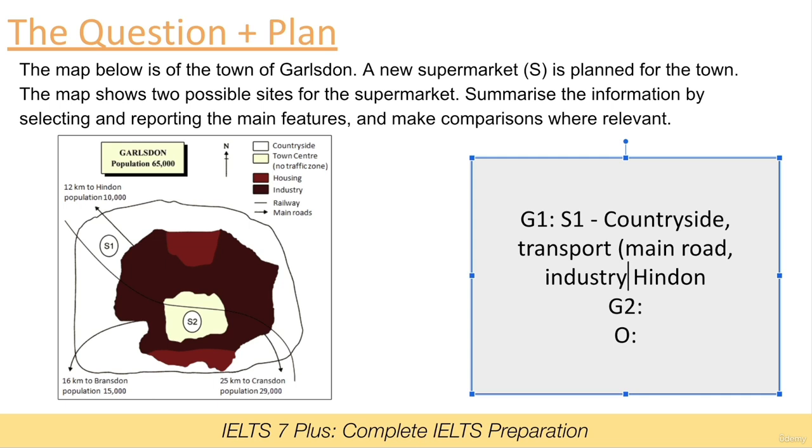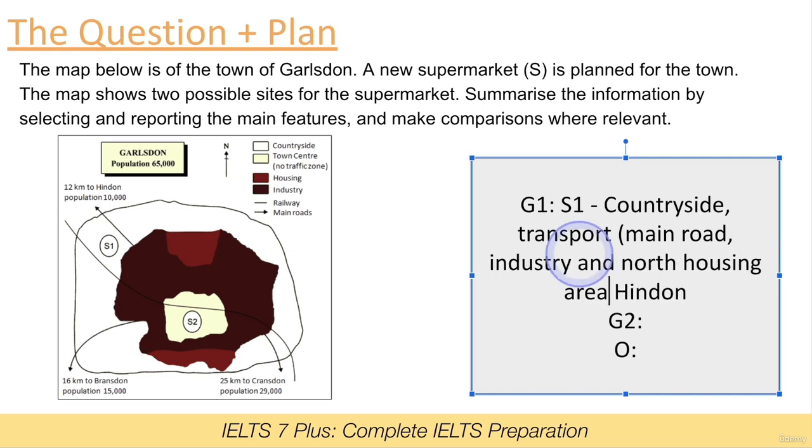And perhaps the industry and perhaps the north housing area as well. They could use that main road there, so that will be closer and easier, rather than walking all the way to site 2 there. Right, so brilliant.